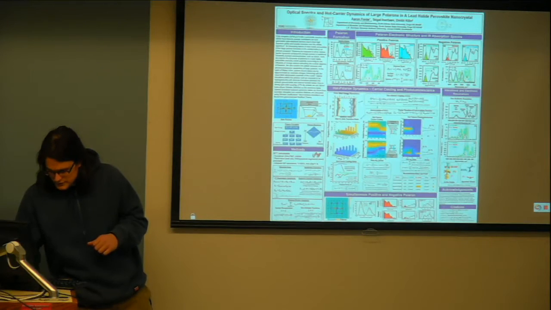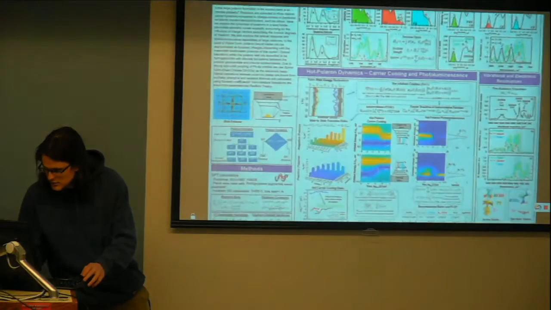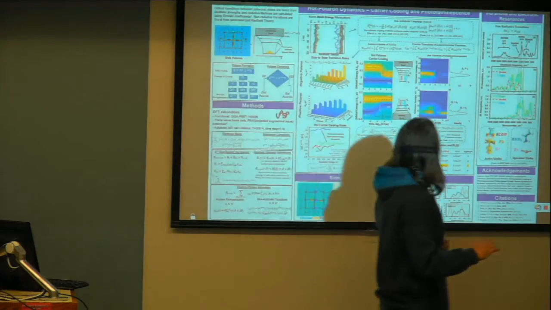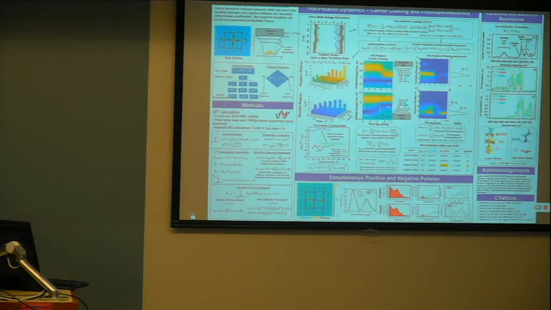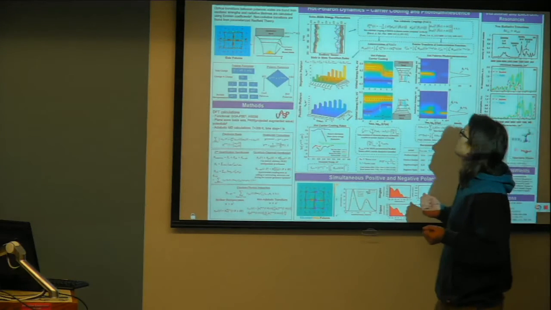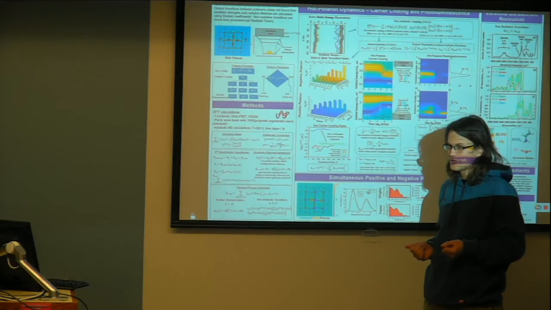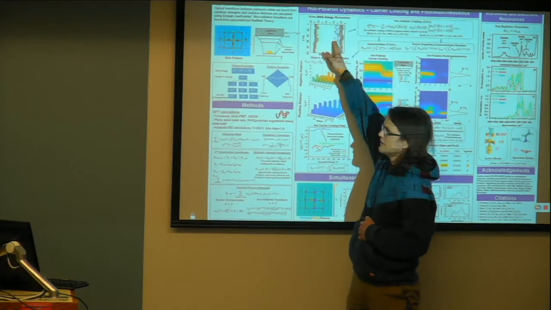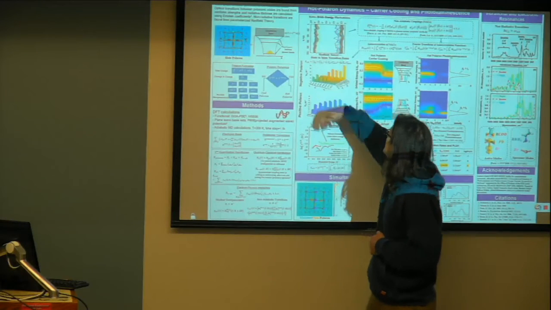Moving on to dynamics. To describe non-radiative dynamics, you have to be able to couple electronic and nuclear degrees of freedom. How we implement that is we run ab initio molecular dynamics for our models, and then we track the fluctuations of energy bands over time.